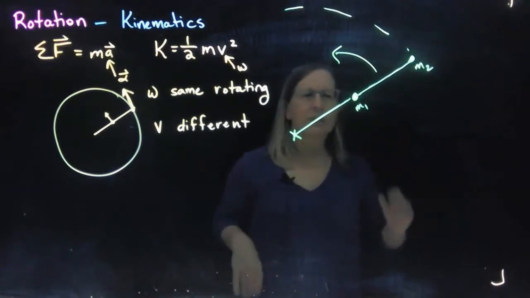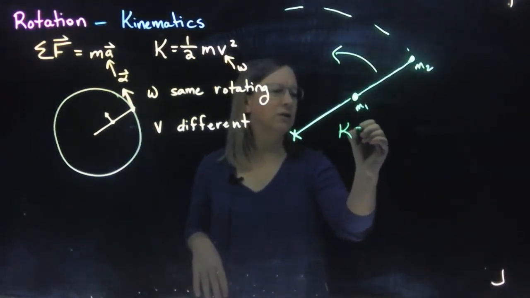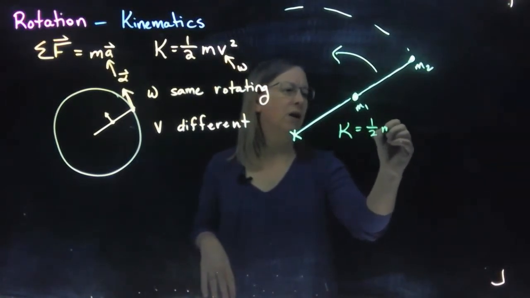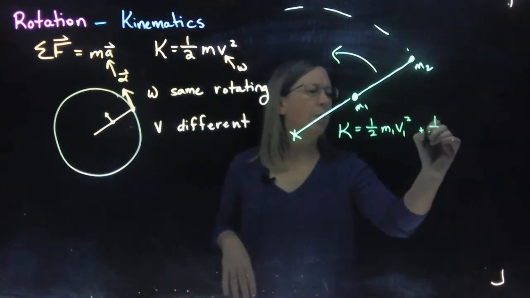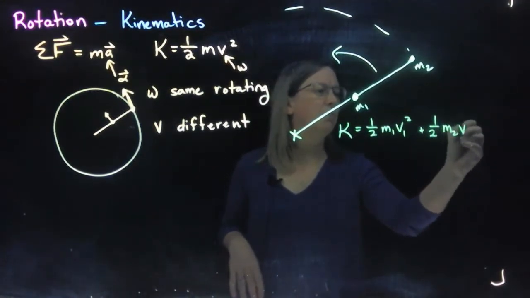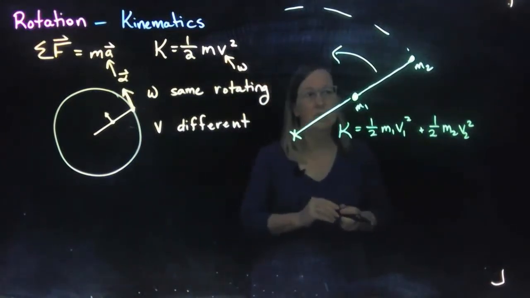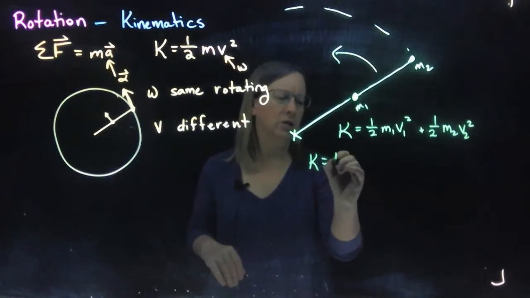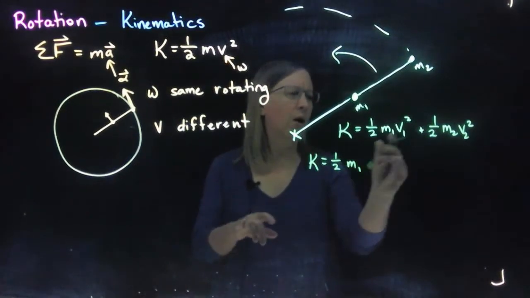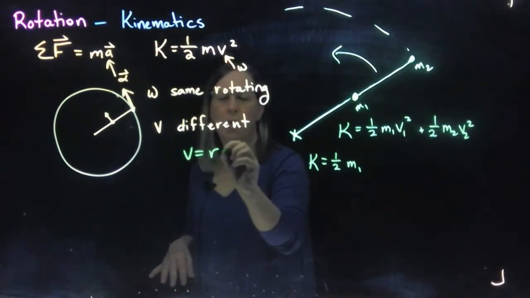And so notice the kinetic energy of the system would be 1/2 m1 v1 squared plus 1/2 m2 v2 squared. But if I want to write this in terms of omega, I could say kinetic energy is 1/2 m1 V squared, and our connector here is that V is equal to R omega.